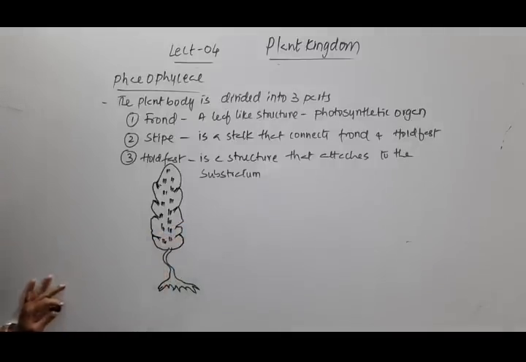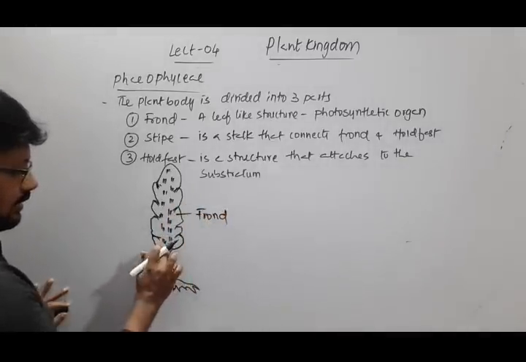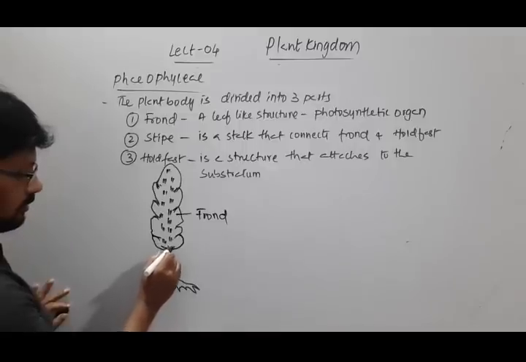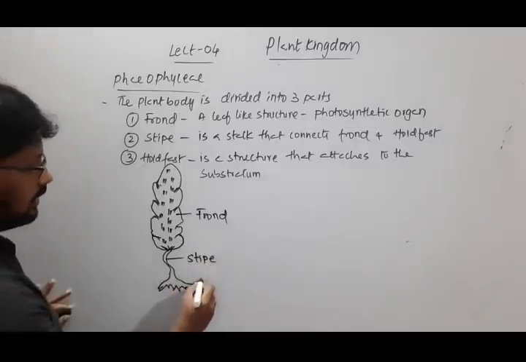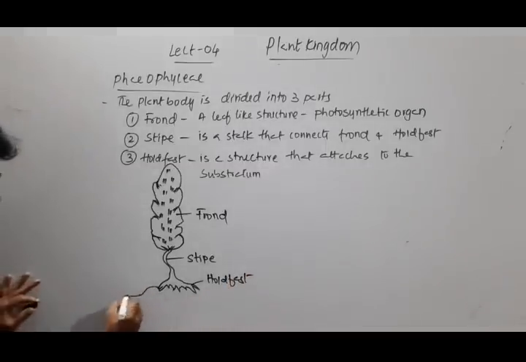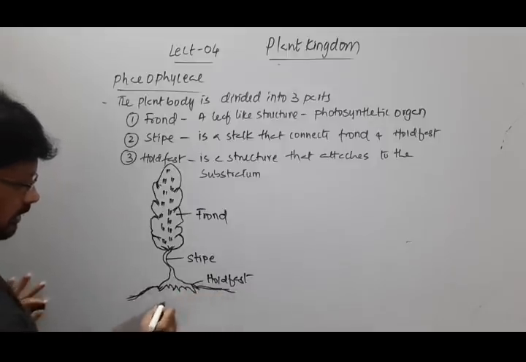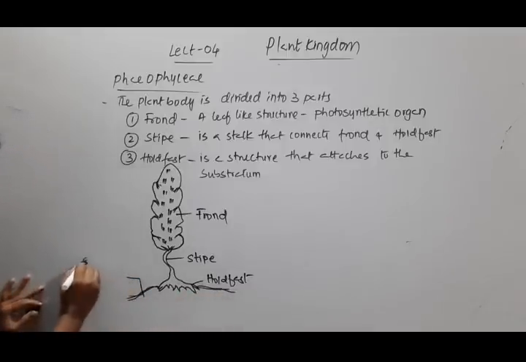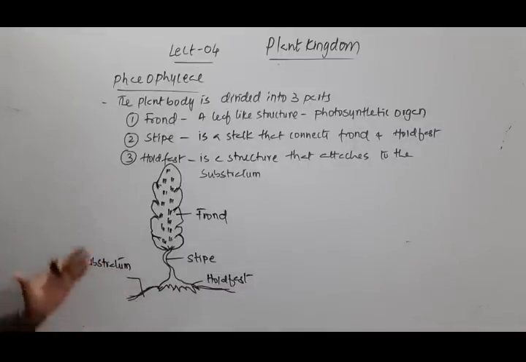This is the frond, and here this small stalk, what we see here is the stipe, and this is the holdfast, which attaches to a rock or any other structure. So this is the substratum. This is how the plant body of a Phaeophyceae member looks.